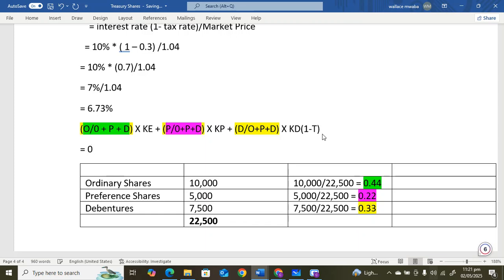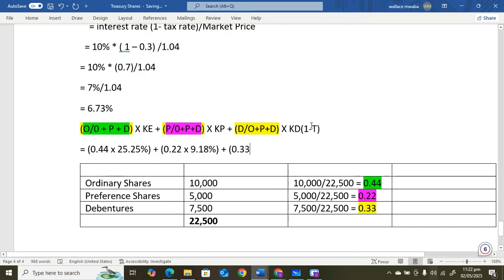So if we use book weightages, for equity it was 0.44. Our cost of equity, what we calculated, was 25.25%. For preference shares, our weight is 0.22, cost of preference shares 9.18%, plus for debt, our weightage is 0.33.